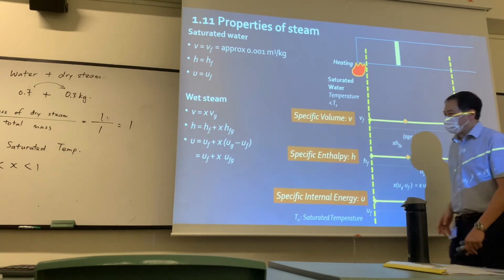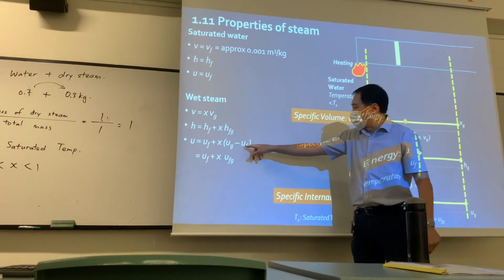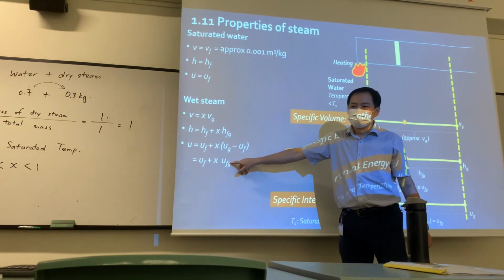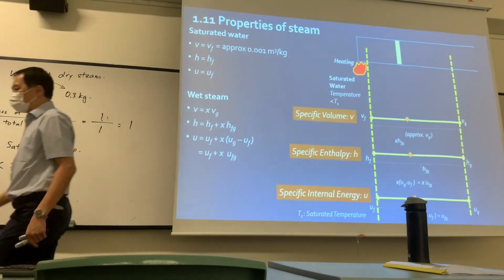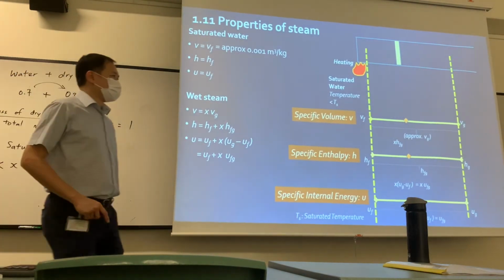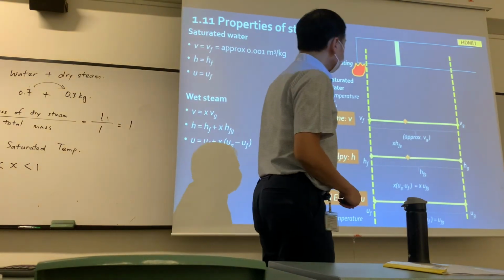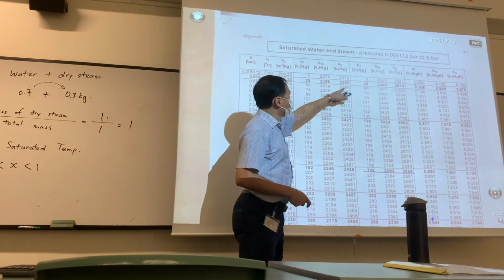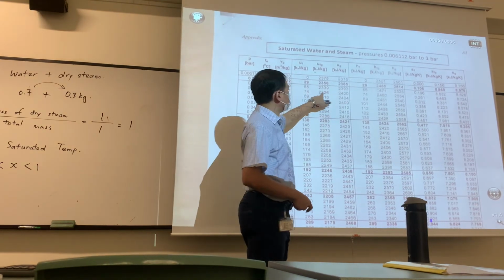In case you wonder what ufg is and what ug minus uf is, ug minus uf is actually equal to ufg. If you don't believe me, go inside your steam table and pick any one. This is ufg. You use this one minus this one, you get this value.